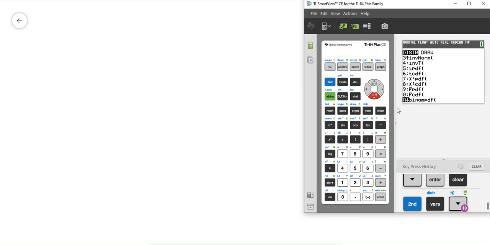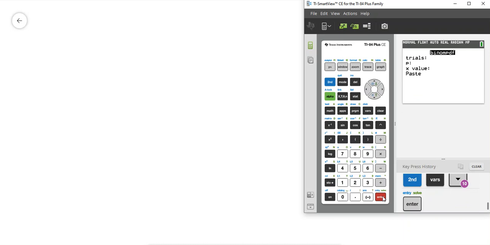Okay, binomial PDF. That's the one that we want. That's that formula we just looked at. So we put in how many trials? We said there was 5. Probability given was 0.85.